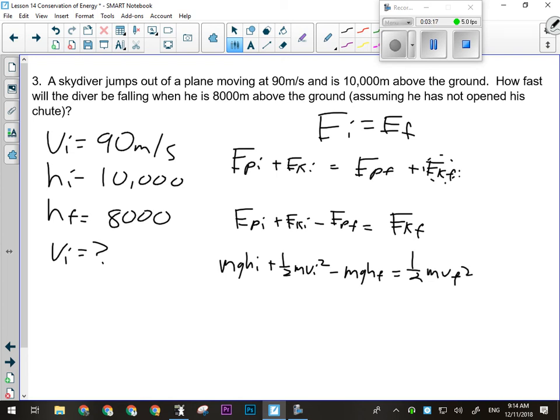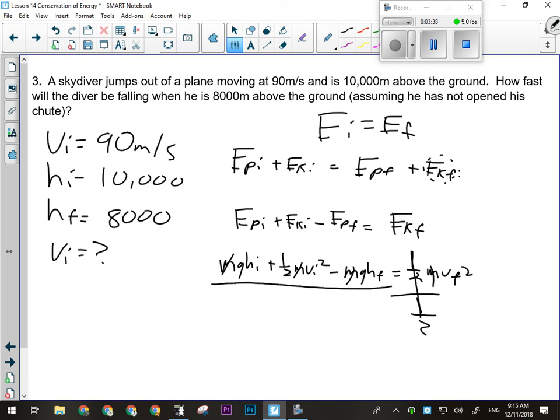What can I do with all the m's? Cancel them out. They never did tell me the mass of the skydiver. So guys, generally if a question doesn't give you the mass, you probably don't need it. It's pretty rare that I would forget to put it in a question if it was something you needed. We're looking for v final, so we divide both sides by 1/2.